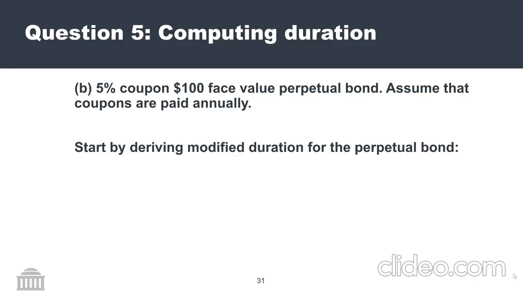You will see, it is easiest to derive the modified duration first and then go back to Macaulay duration. So by definition, modified duration is negative 1 over P multiplied by the derivative of the bond price with respect to yield to maturity, y.